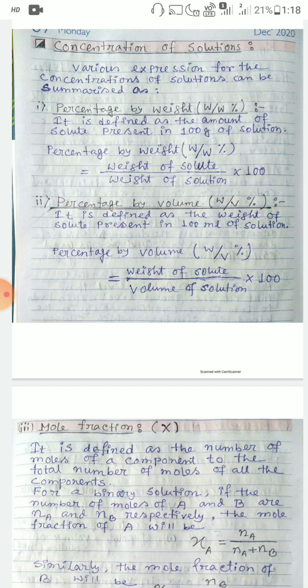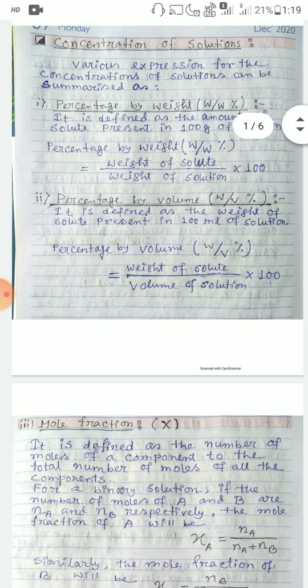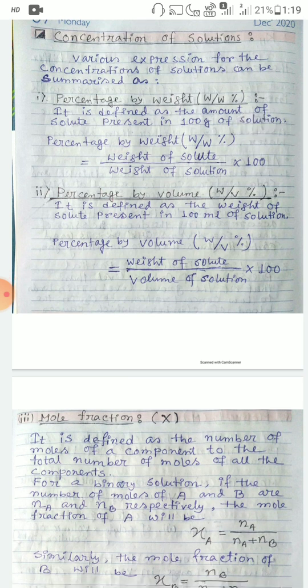But in case of volume percentage, you have to use the volume of solution. So percentage by volume is equal to weight of solute divided by volume of solution into 100.